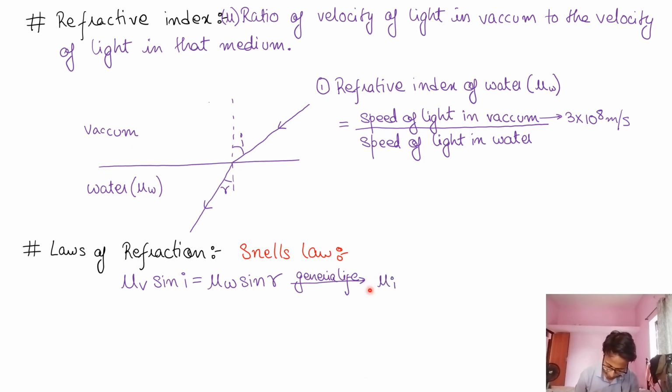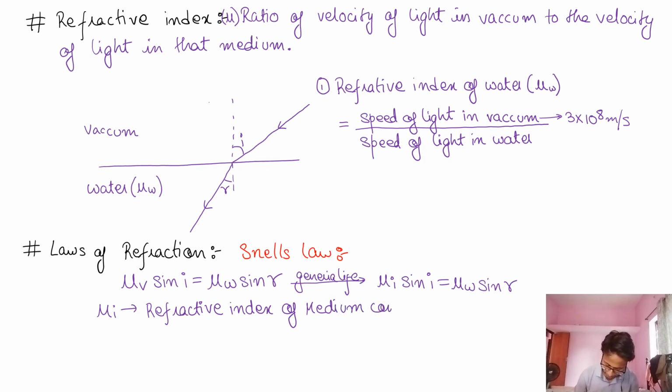Mu i, the refractive index of medium containing the incident ray, into sine of angle of incidence is equal to refractive index of medium containing the refracted ray, that means mu of water, into sine of angle of refraction, where mu i is nothing but refractive index of medium containing incident ray.